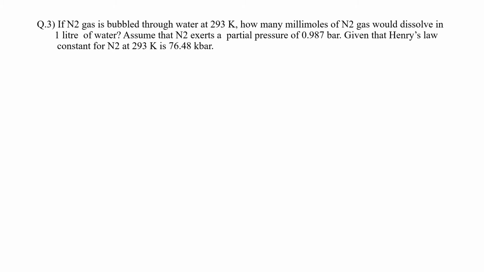Assume that nitrogen exerts a partial pressure of 0.987 bar. The partial pressure of nitrogen is given, that is 0.987 bar. Given that Henry's law constant for nitrogen at 293 Kelvin is 76.48 kilobar.